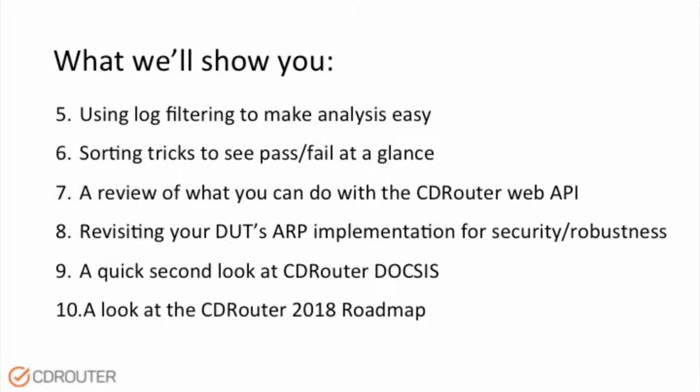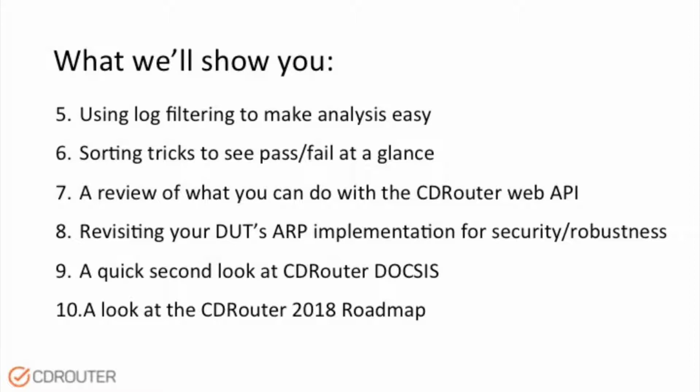And then we're going to look at how to use log filtering to cut down on the soup of a really big log to get what you're looking at, and some sorting and filtering tricks so that you can see the pass-fail criteria of one test all at a glance. Then we'll go over what you can do with the CDRouter web API that we launched in CDRouter 10.